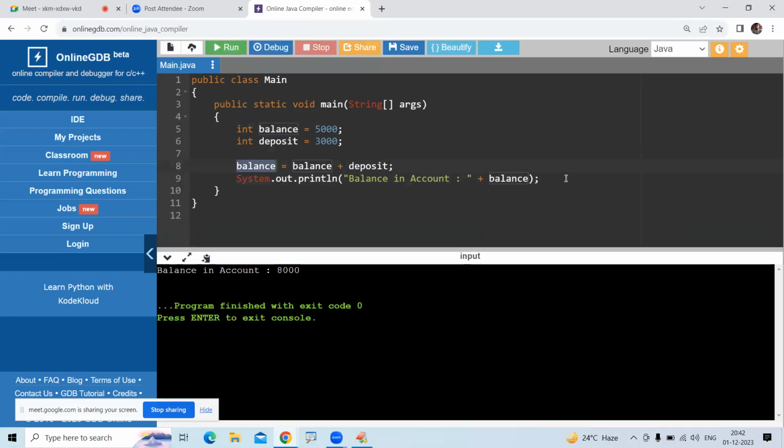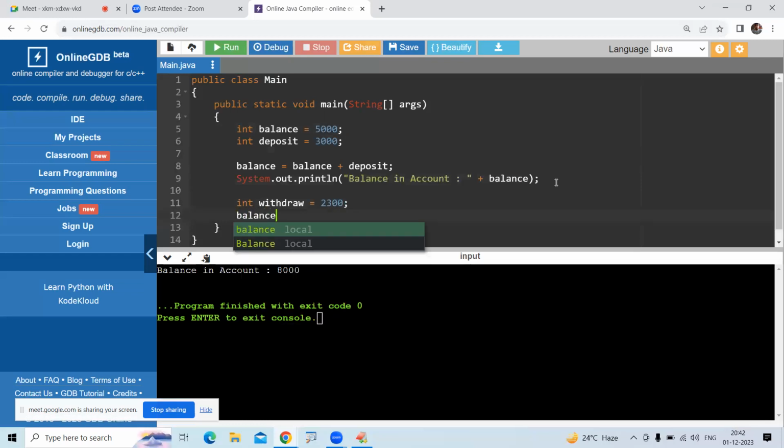Sir, suppose I'm taking an int new variable; always you have to take it with a new name. Sir, 2,300 rupees I want to withdraw. What we will do? Balance is equal to balance minus withdraw amount.